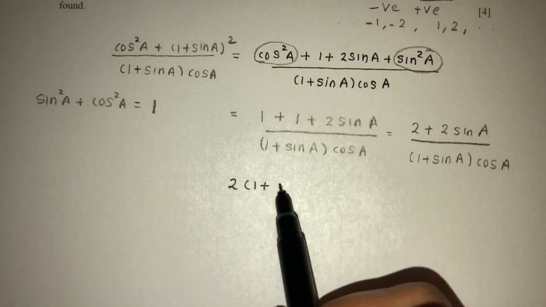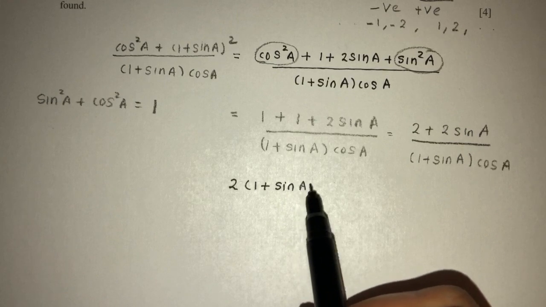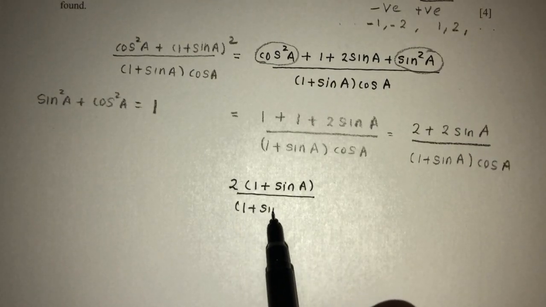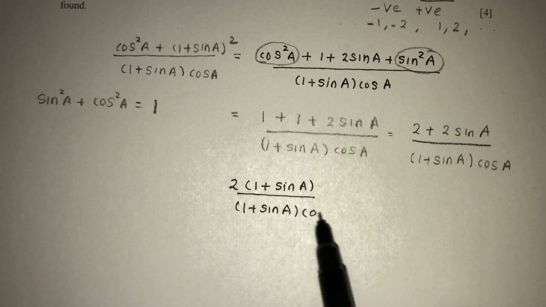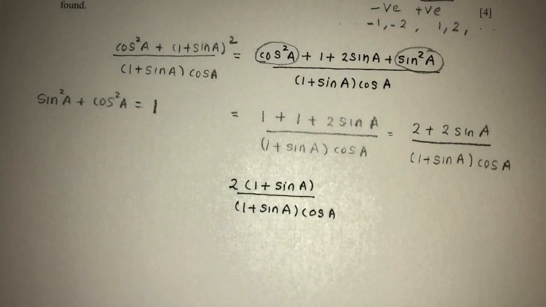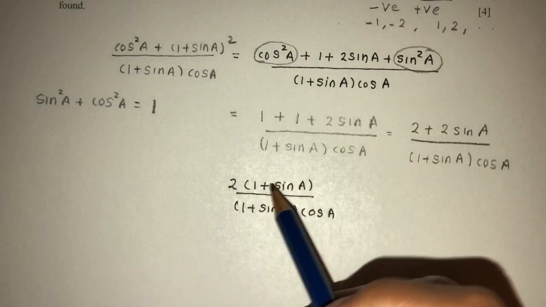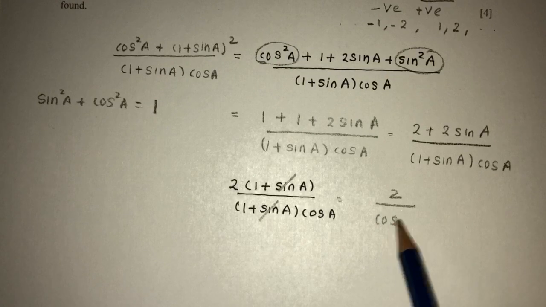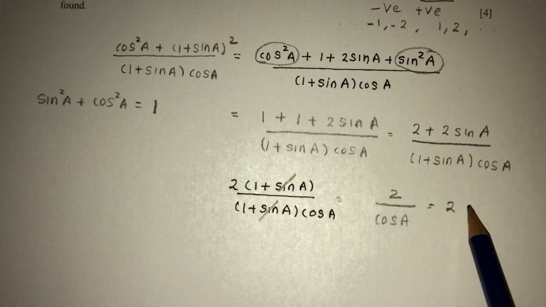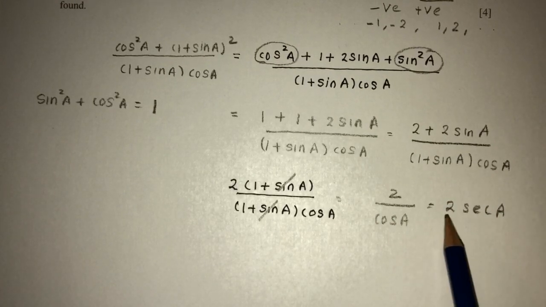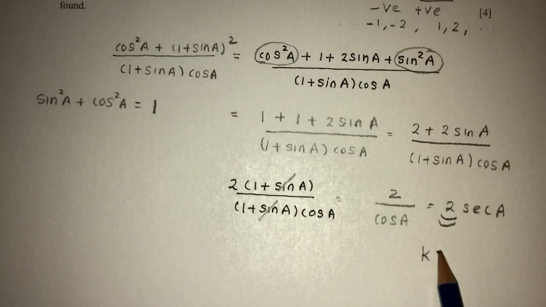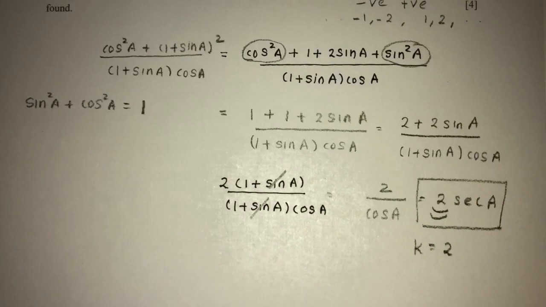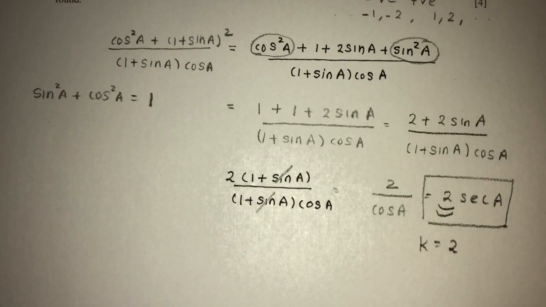And 1 plus sine A over 1 plus sine A multiplied by cos A. Now you can see that these two are the same, so they can cancel out. We get 2 over cos A, which is 2 sec A. So the value of p here was 2, and your answer is this one. 2 sec A will be your answer. That will be question number 1.